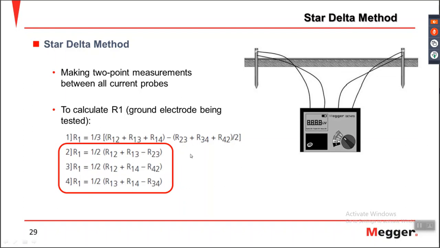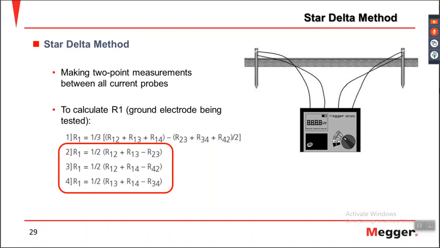You get the value from this formula, and then you calculate again with the different formulas. So for every resistance you need to calculate with the three-way formula, and then you can compare the results. If the results are close to each other, it means the measurement is valid. You can use that measurement as your reference.